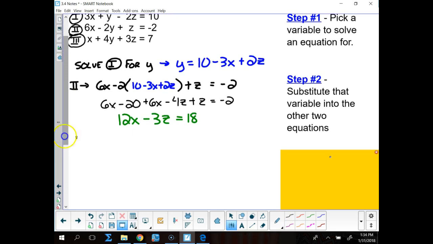Now I've got to put that into 3. X plus 4 times 10 minus 3x plus 2z plus 3z equals 7.